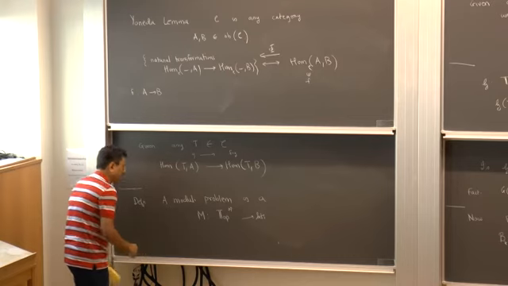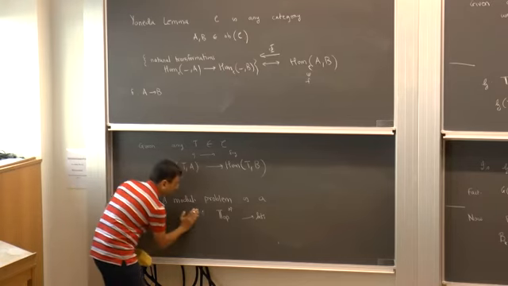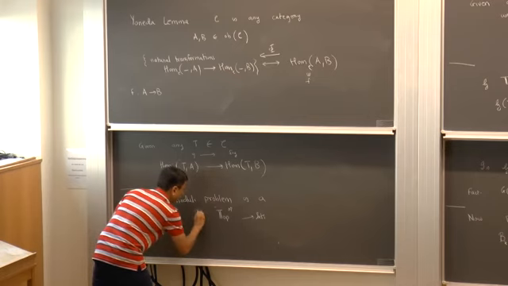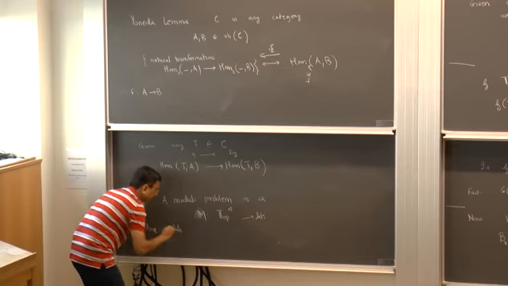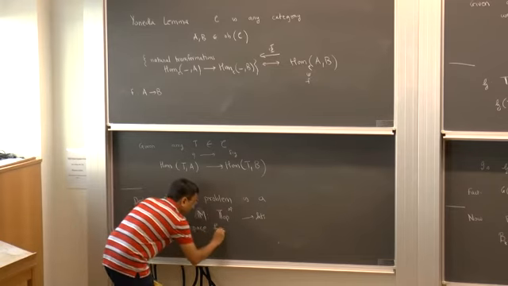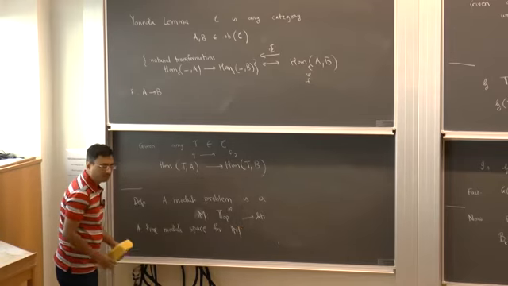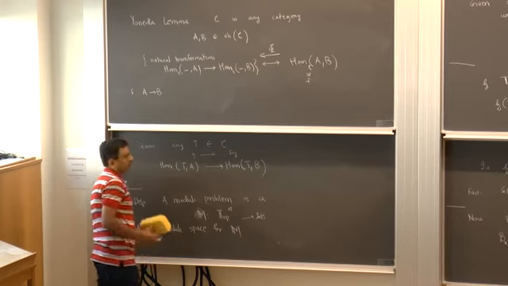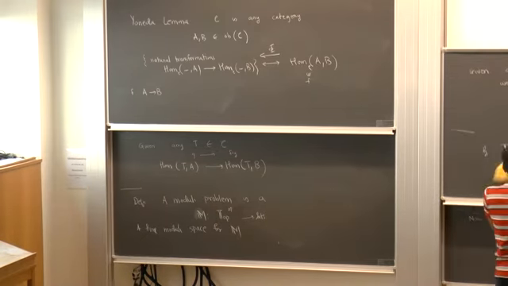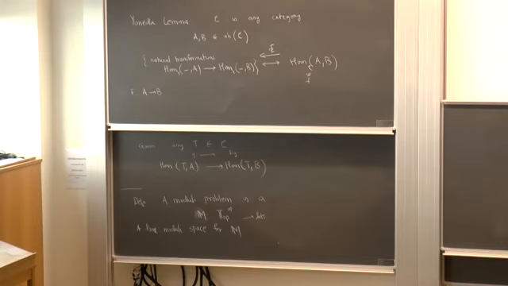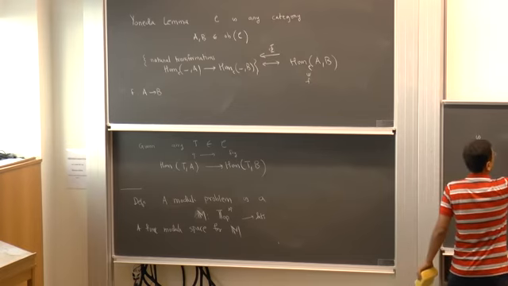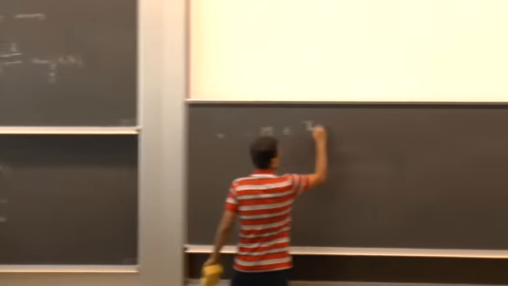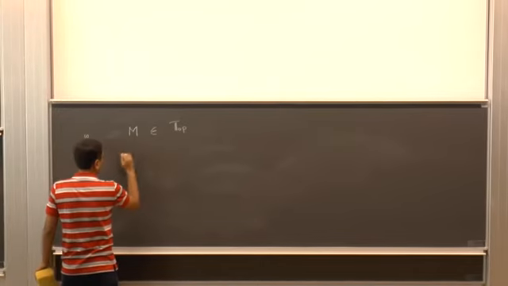And a fine moduli space, let me call this script M, or maybe bold M. So a fine moduli space for this moduli problem is an object M in this category together with a natural equivalence of functors.